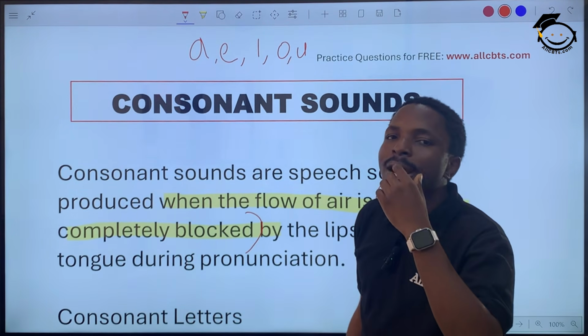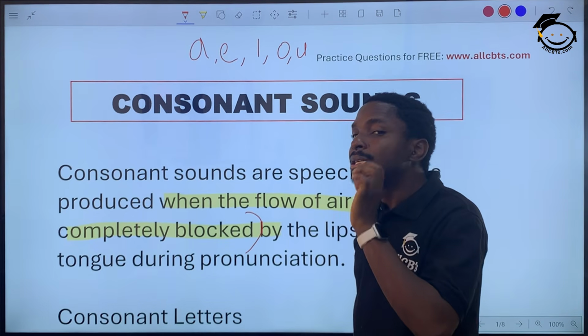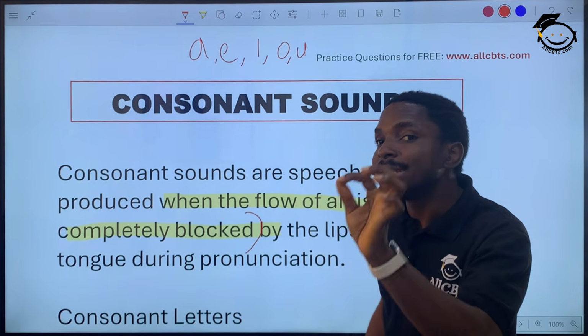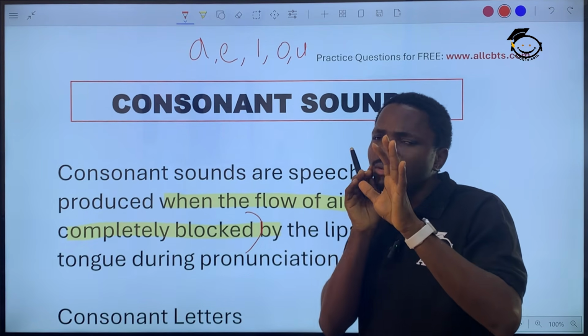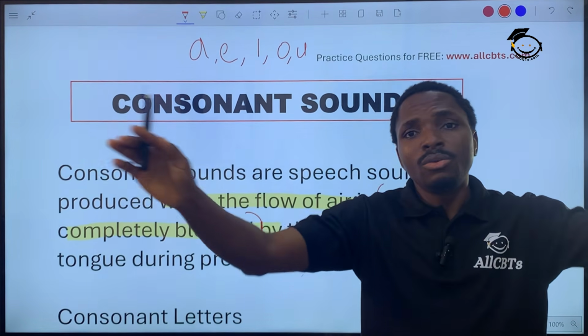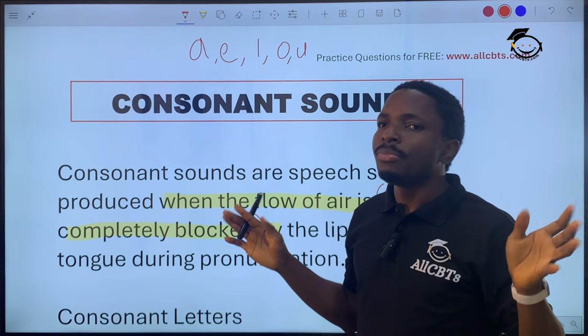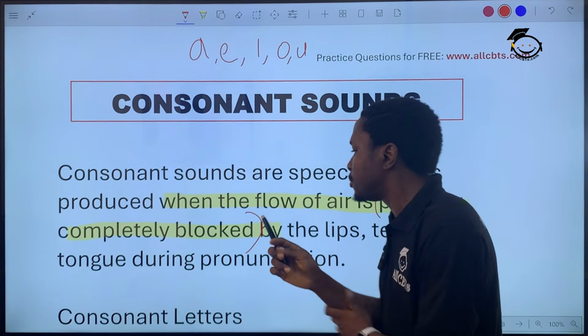So when you pronounce a sound and there is a blocking of the teeth, the tongue, or the lip, the sound doesn't come out straight without any interruption, that sound is a consonant sound.